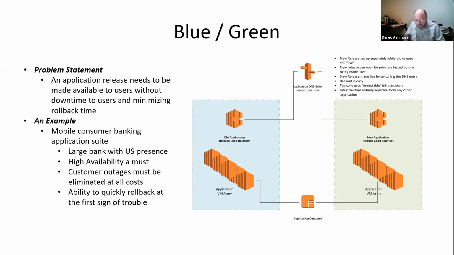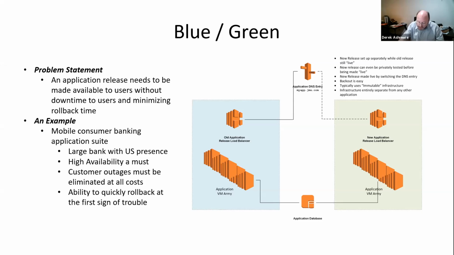The way blue-green works is, let's imagine that you've released an application to production and it's sitting in the cloud and it's happy and users are hitting it. You set up a separate copy of, say, release 2 of that application, not just the application, but all the infrastructure it takes to run it.